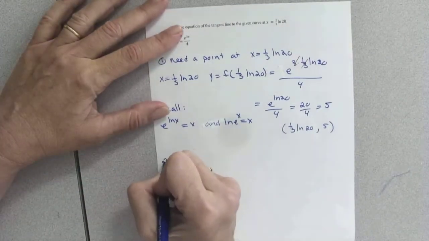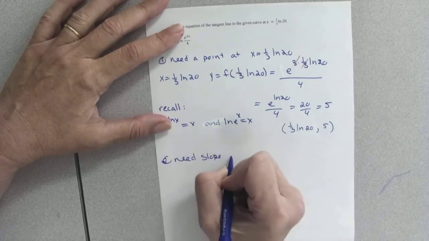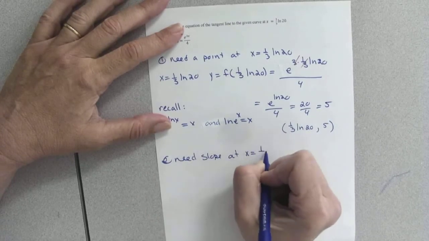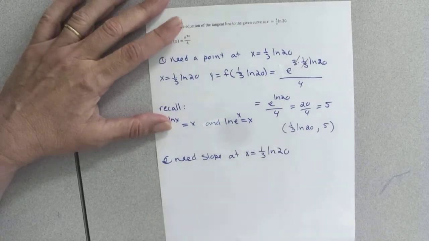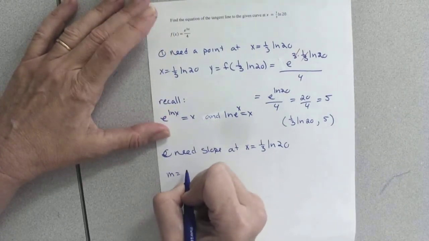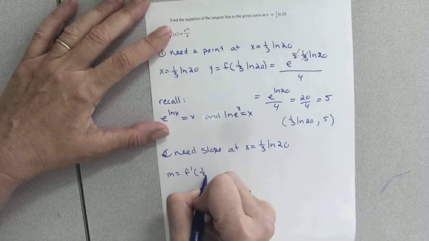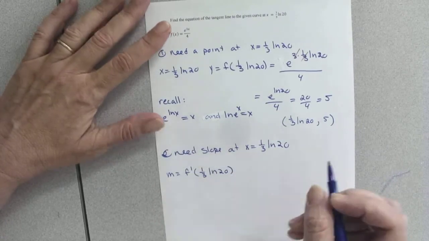We need the slope at x equal 1/3 natural log of 20. Well, as always, my slope is my derivative, so it's going to be f prime of 1/3 natural log of 20.